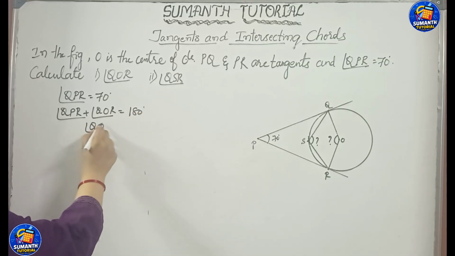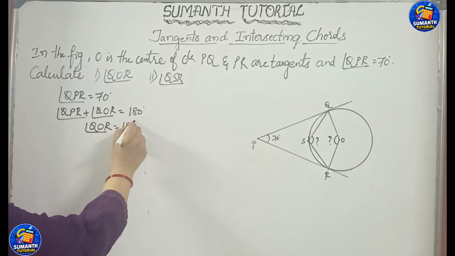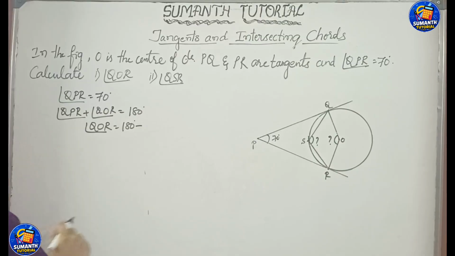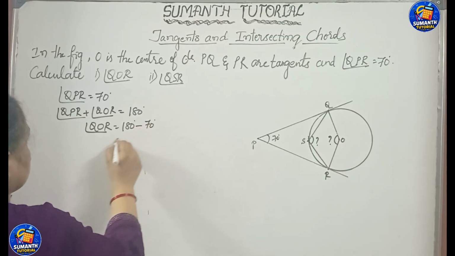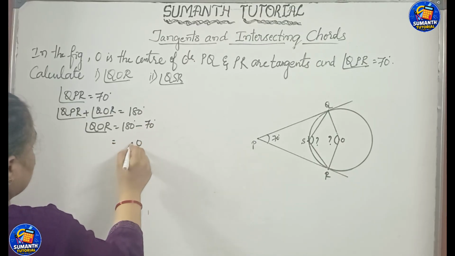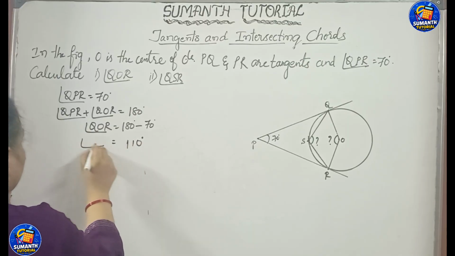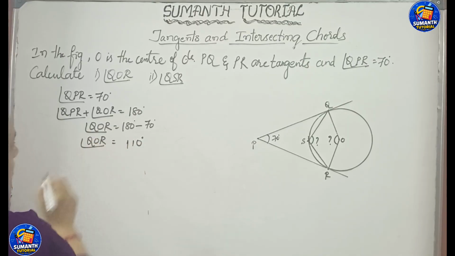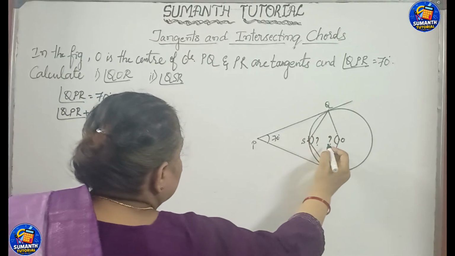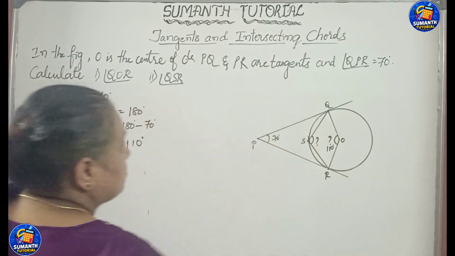Therefore, QOR is equal to 180 minus, what is the angle this one? 70 degree. That is equal to 110 degree. What is the value we got for angle QOR? It is equal to 110 degree. So, this angle is equal to 110.